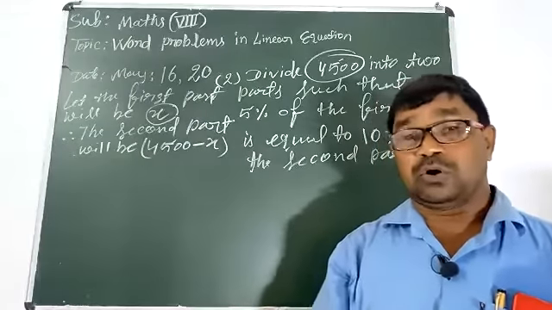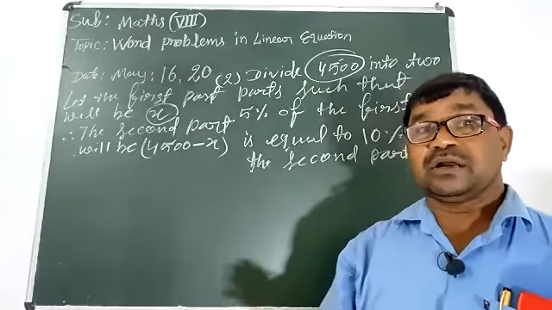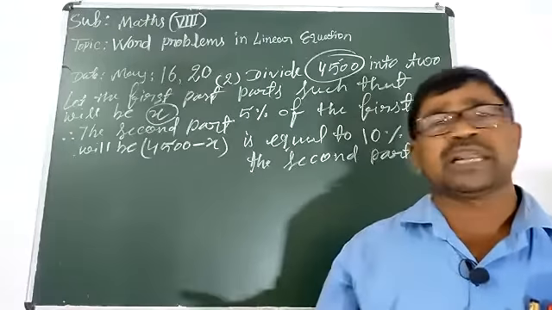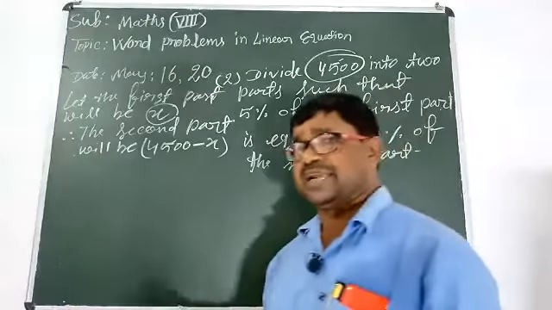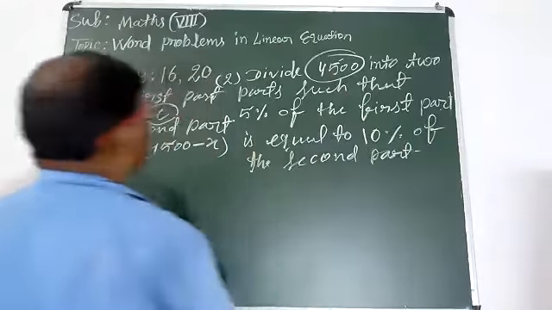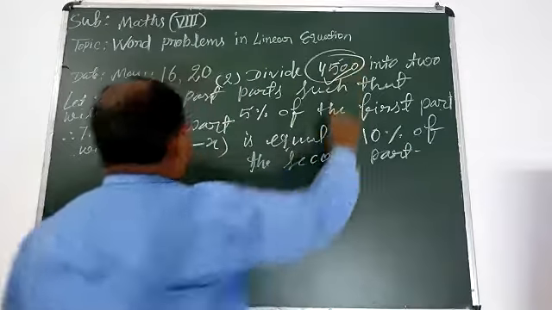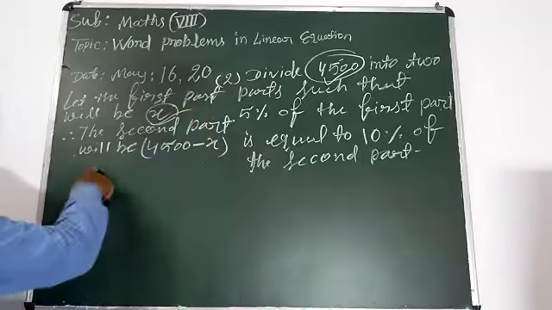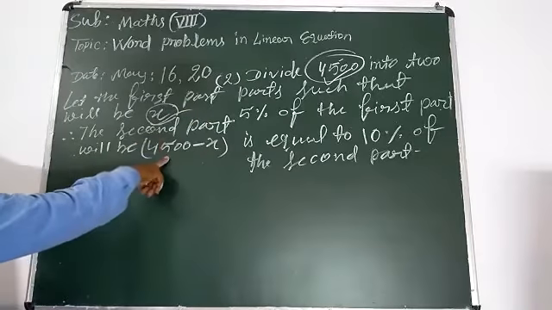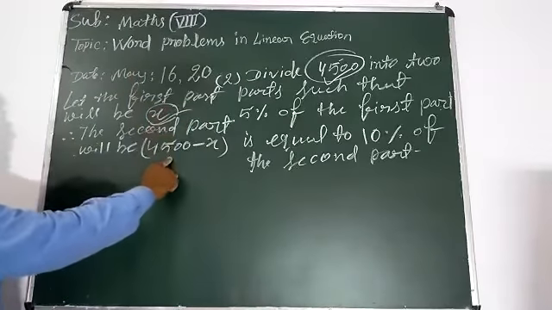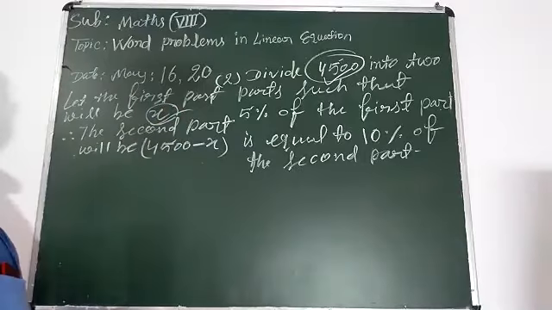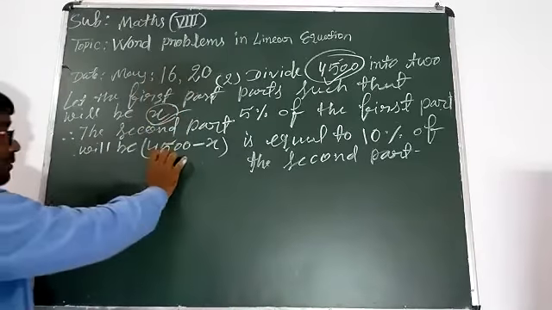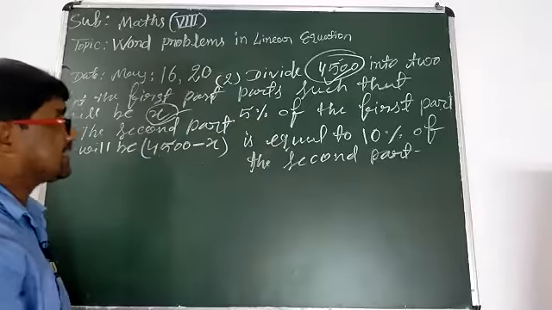If you know Ram's share is 10, then Mohan's share is absolutely 10, because 20 minus 10 equals 10. So if you have the sum and you have the first part, then you can find the second part. Now you have two parts: first part x, second part 4,500 minus x.